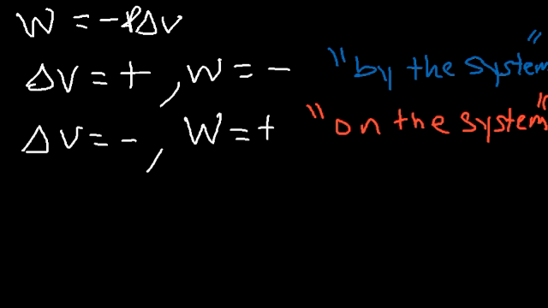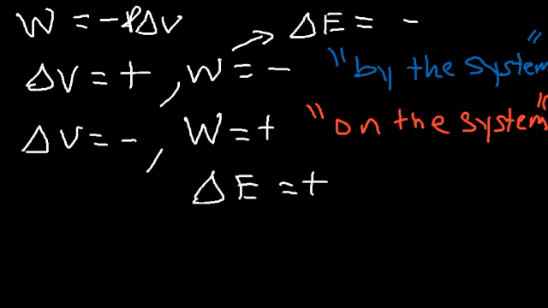Keep in mind, whenever W is positive, delta E goes up. Delta E is positive, so the internal energy increases. And whenever W is negative, delta E is negative, which means that the internal energy of the system decreases.